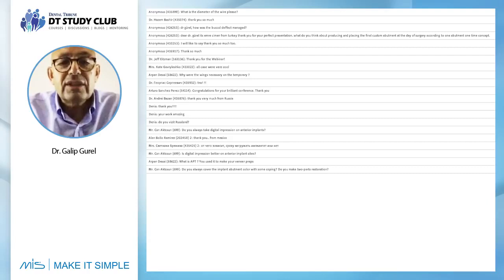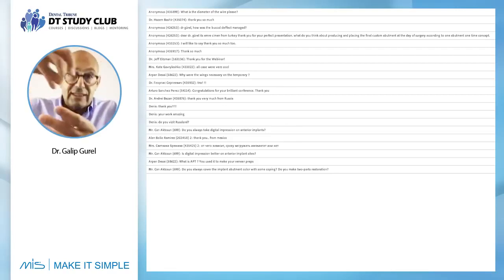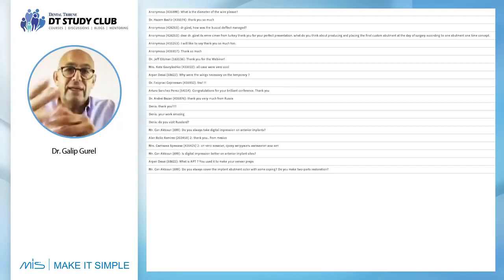Is digital impression better on anterior implant sites? Well, it's just up to you. You can go analog, you can go digital, but today with the help of lots of digital softwares, it's easier to build up the emergence profiles, and on top of the abutment form and the crown itself, like I showed in, I guess, the first case or second case.